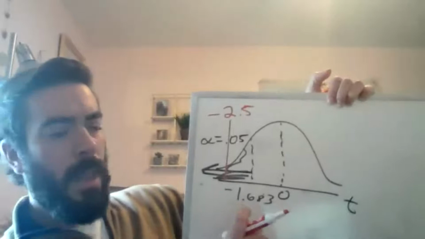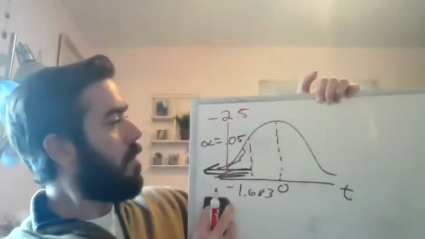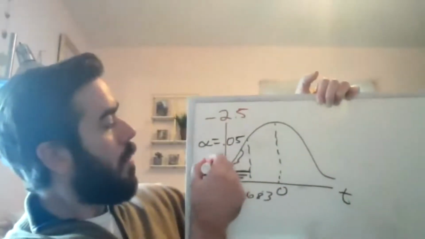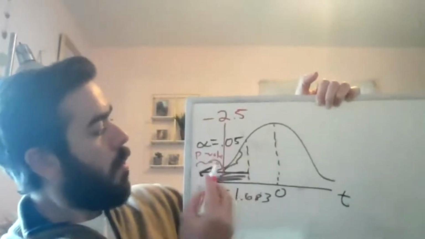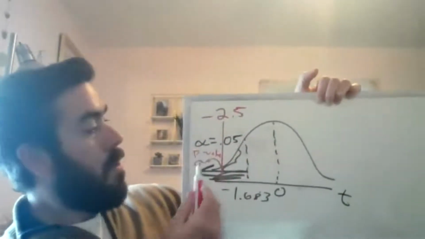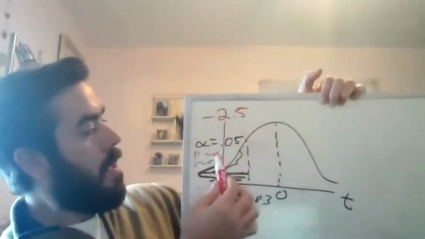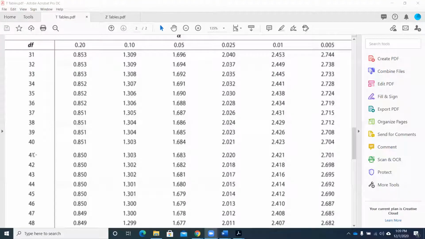If I instead had asked you for the p-value, the p-value would be the probability I saw that test statistic or anything more extreme, so anything to the left. So if I look up degrees of freedom of 41 and my test statistic in the table, I should be able to get that p-value. Now the problem is, at degrees of freedom of 41, I don't see any negative values.